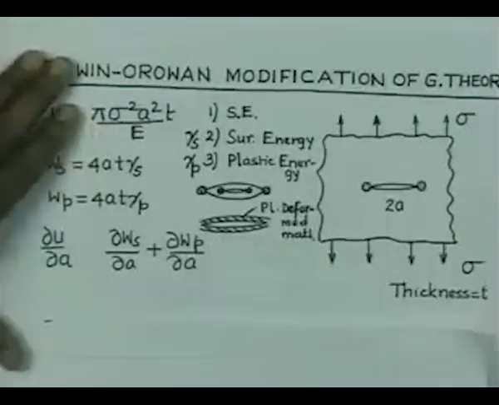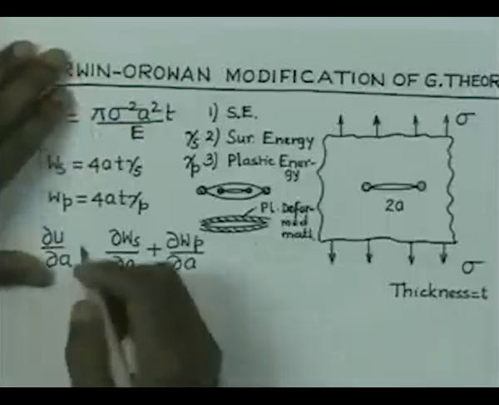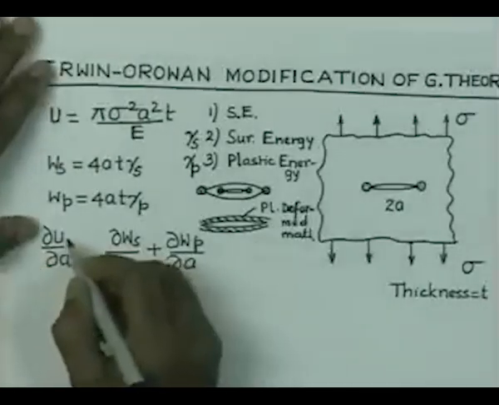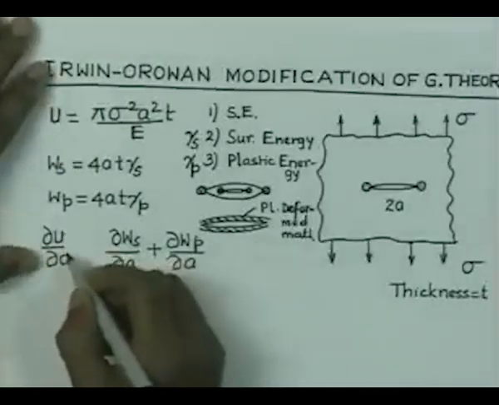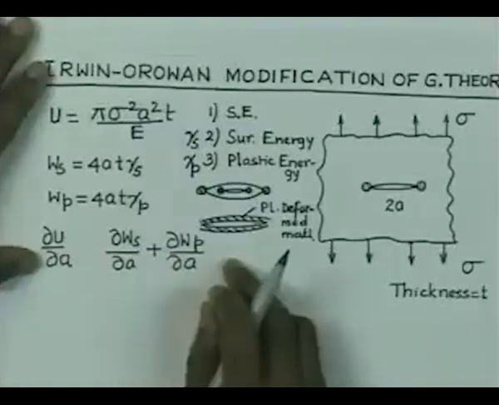unstable crack propagation will take place only when the rate of availability of energy is more than the rate of absorption of energy.